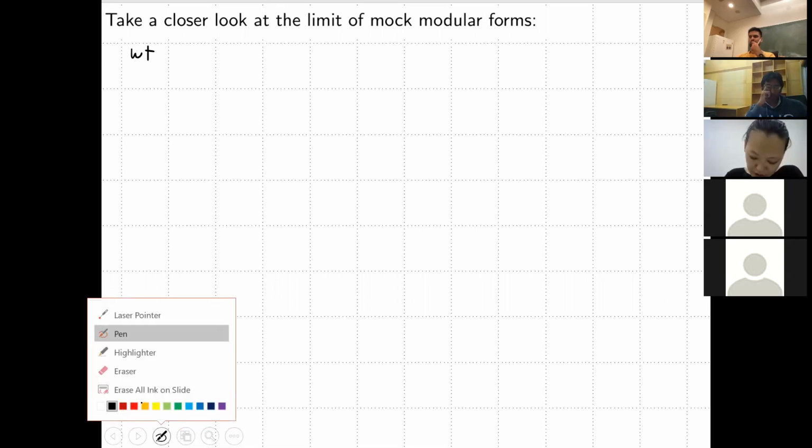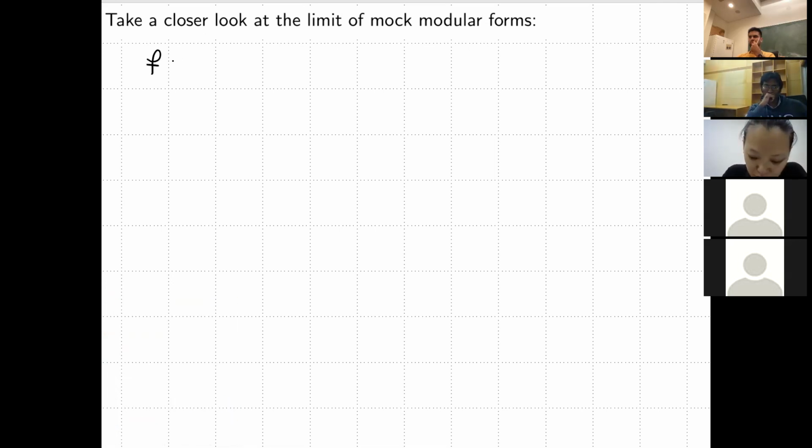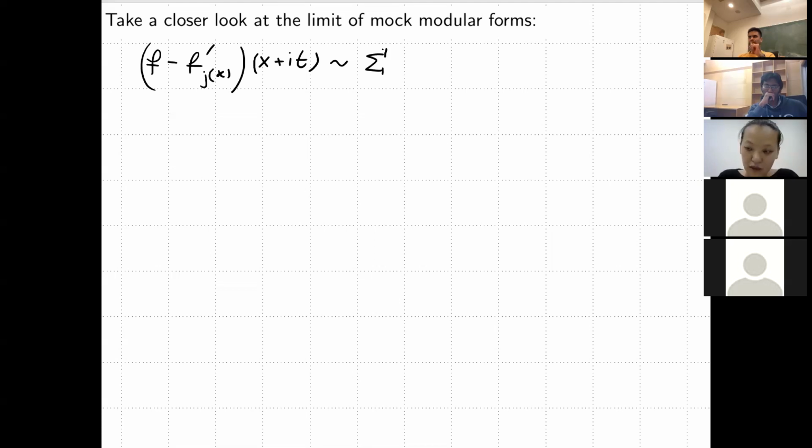What we have seen is this: let's say a Mock theta function blows up at the cusp, but we can subtract a modular form to cut off singularities and take the radial limit to near a rational number, and then you can have an asymptotic expansion near the cusp.